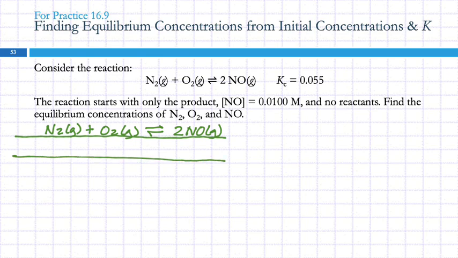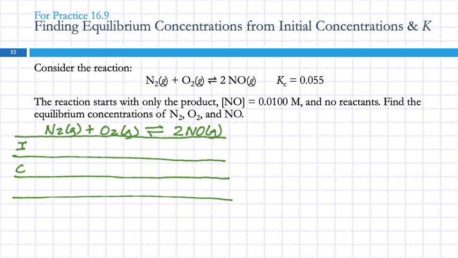And then I'm going to have I and C and E, ICE. And I'm going to draw lines here. I'll put a double line there. I don't think I've ever done that in lecture before. It just occurred to me this semester that might be a helpful thing.